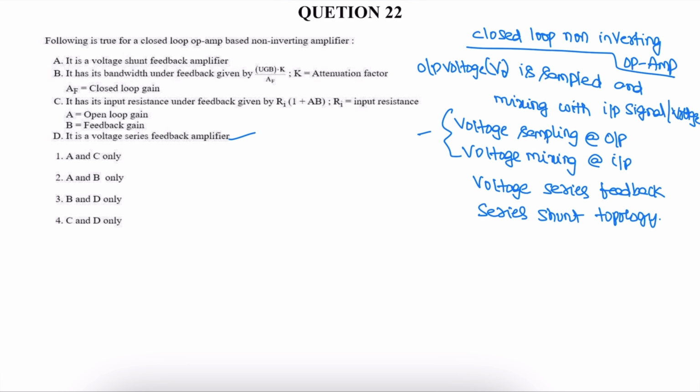In voltage series feedback, input resistance Ri increases and output resistance R0 decreases. So for this voltage series feedback network or series shunt topology, input resistance increases, output resistance decreases.